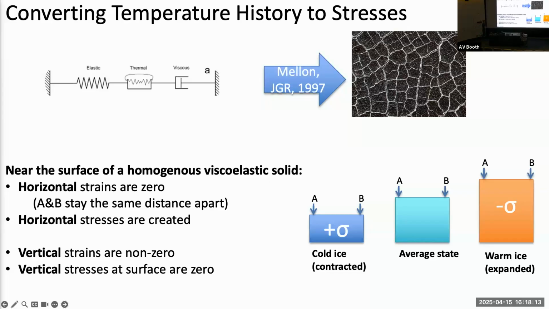One way of saying that is that horizontal strains are zero and horizontal stresses are created, and vertical strains are non-zero and vertical stresses at the surface are zero. We're going to switch those horizontal and vertical notations to just being parallel and perpendicular to the scarp front when we go forward talking about that. So these scarps are breathing in and out thermally by a couple of centimeters each year, and stresses are coming and going a lot as well.